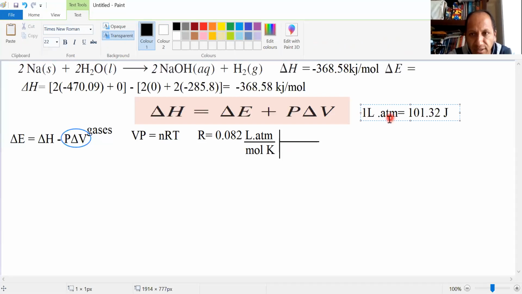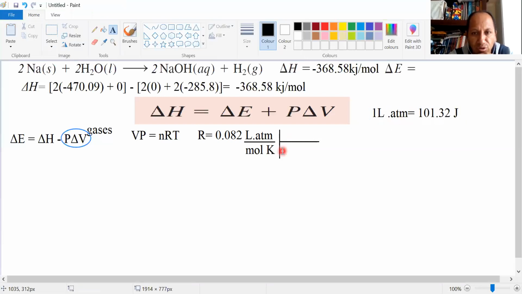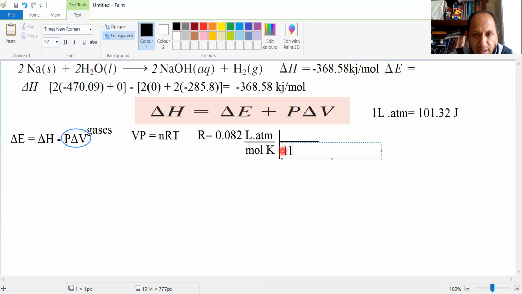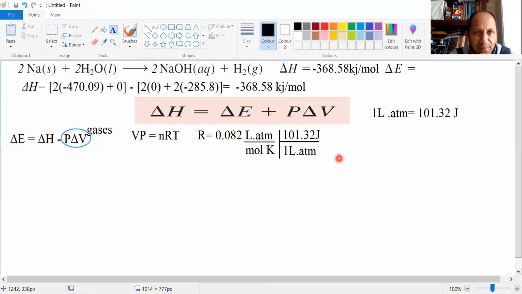That's a conversion that exists, and you can search for it on the internet. So we're going to use that conversion: 1 liter times atmosphere, which is what I have in the upper part, is 101.32 joules.